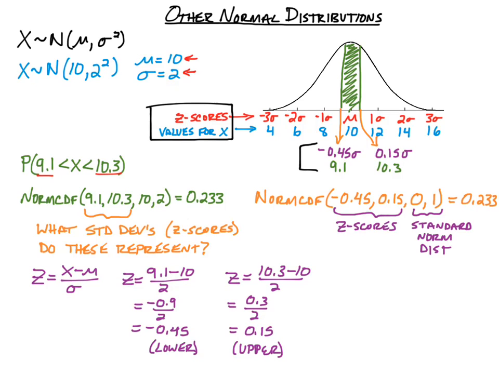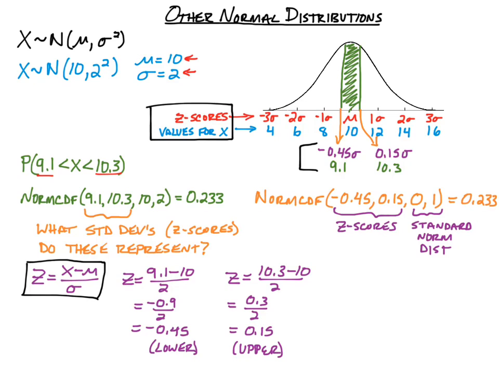The other thing to keep in mind, as I said, is this other formula, z equals x minus mu divided by standard deviation. I can't stress this enough, and this is where a lot of people get confused: each individual z-score has a corresponding value for x.